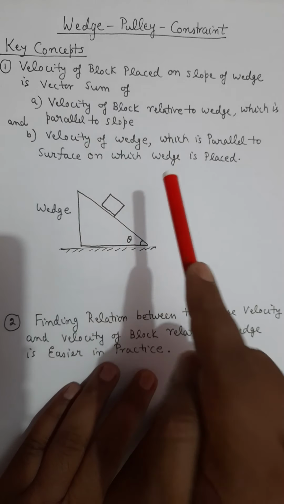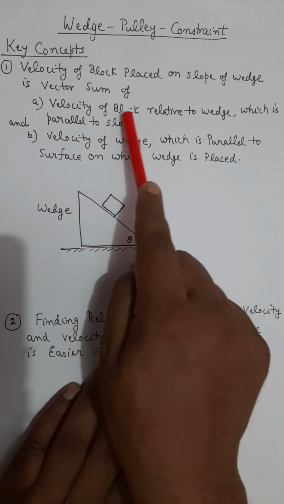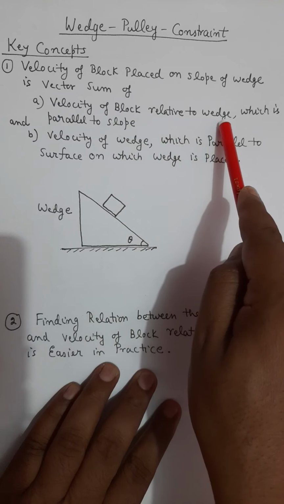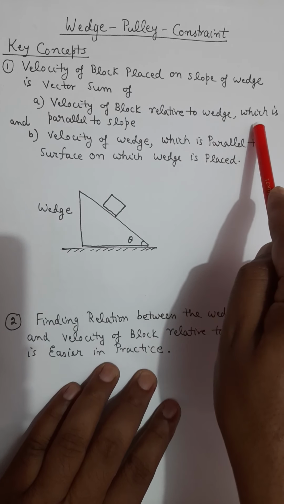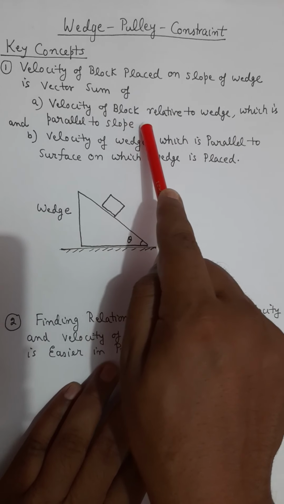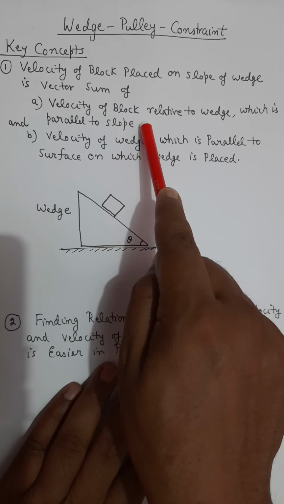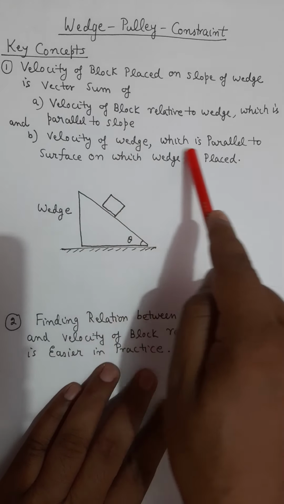Point A is the velocity of the block relative to the wedge, which is parallel to the slope. And then the velocity of the wedge, which is parallel to the surface on which the wedge is placed.